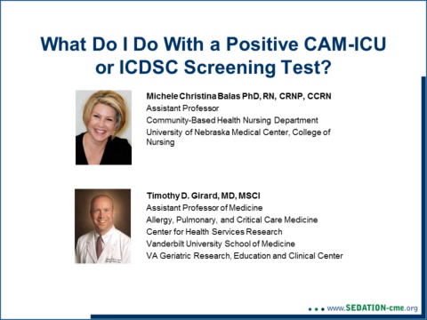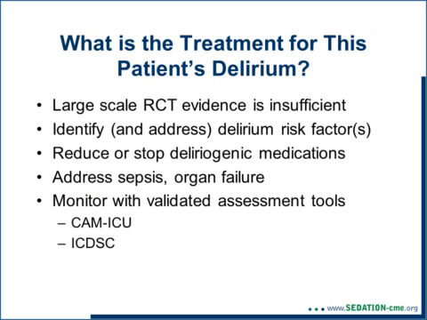I think that it's really common to say, okay, now I have a patient who I've found to be delirious. What do I do about it? And I think that the frustration comes from at least a couple of things.